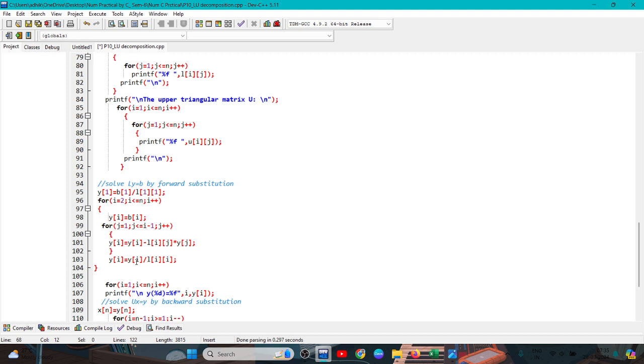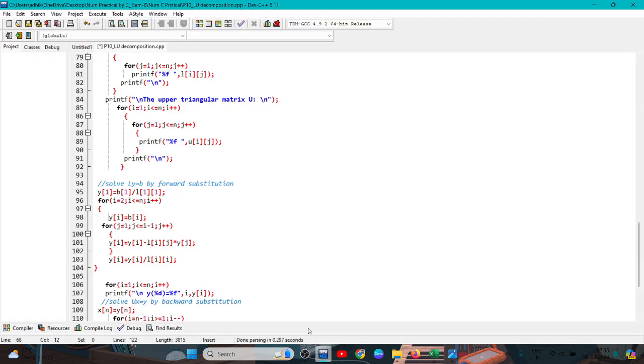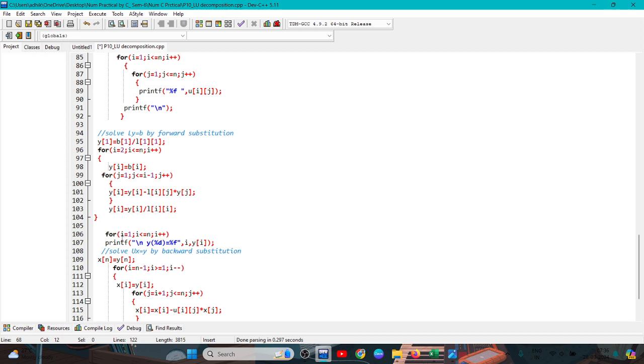And then yi equal to yi by lii. For i equal to 1, i less than or equal to n, i plus plus, print yi. The calculation is yi equal to yi minus lij into yj.